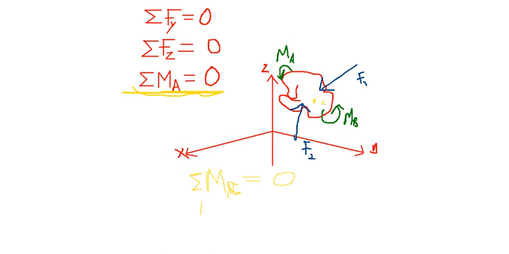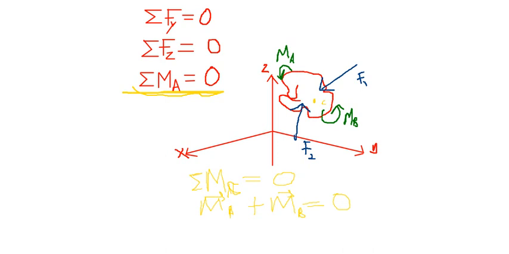We have MA plus MB. The vector sum of these two should equal 0 for the body to be in equilibrium.